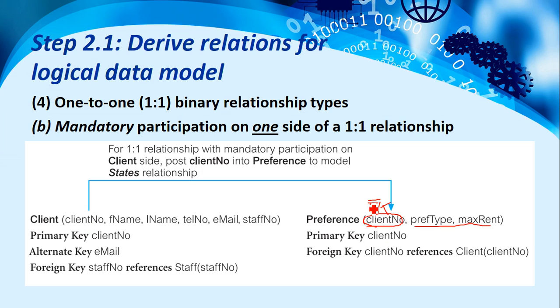And, automatic na ito, this FK natin, also, magiging primary key na rin siya. So, dalawa yung ano nito, ni client number. Not only this was a foreign key, galing sa client key, this will also serve as the primary key for this preference na relation. So, ganon.